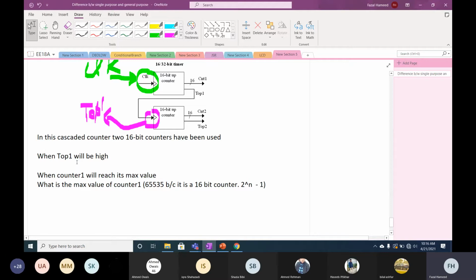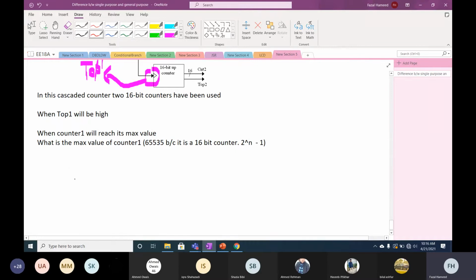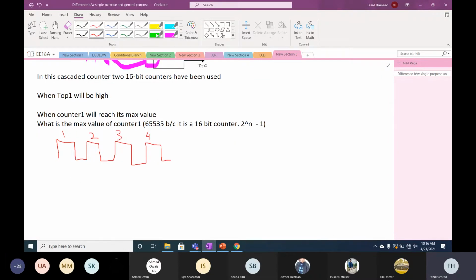So now you have a clock signal. The clock is 1, now 2, now 3, now 4.